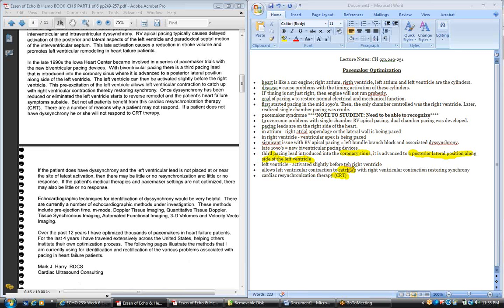So some of the things that need to be dealt with now is, if you could identify that a patient was having dyssynchrony, you'd get a lot of help towards deciding whether or not they would benefit from CRT therapy.